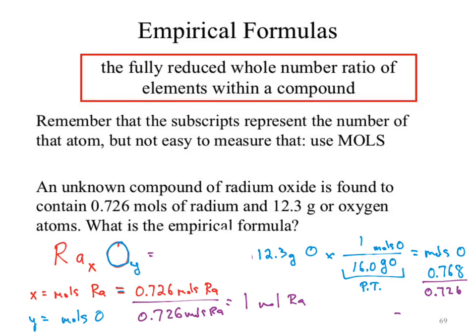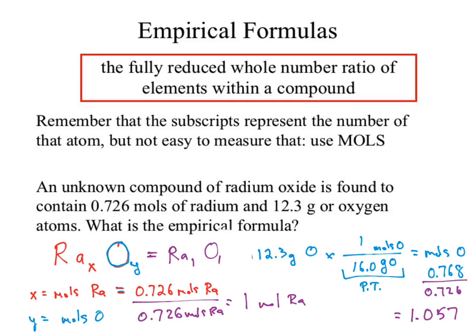What do I get? 1.057. So now my formula becomes radium 1, oxygen 1.05. That's still not a whole number, but that's pretty close to 1. So I could say Ra1, O1.